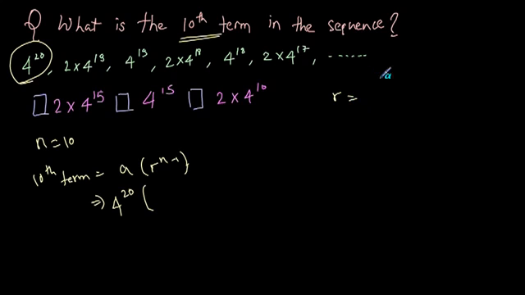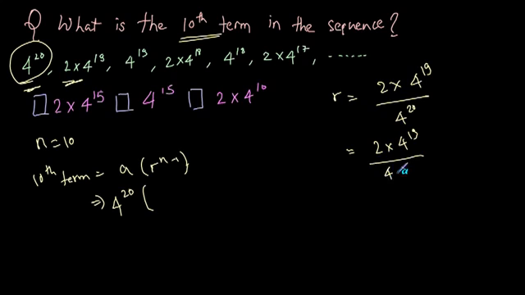So r equals to, take any two consecutive numbers. So let's take this number and this number. So 2 into 4 raised to 19 divided by 4 raised to 20. So, okay, let's solve this. 2 into 4 raised to 19 divided by 4 raised to 20 can be written as 4 into 4 raised to 19, and 4 raised to 19 and 4 raised to 19 get cancelled, and 2 by 4 is 1 by 2.